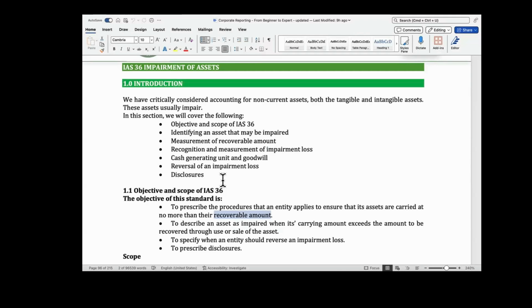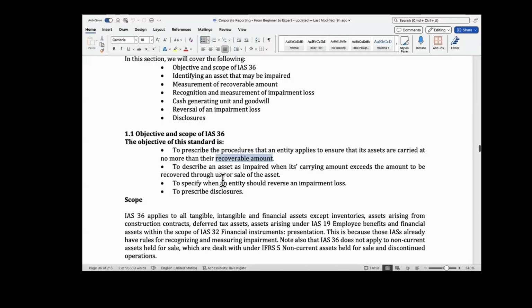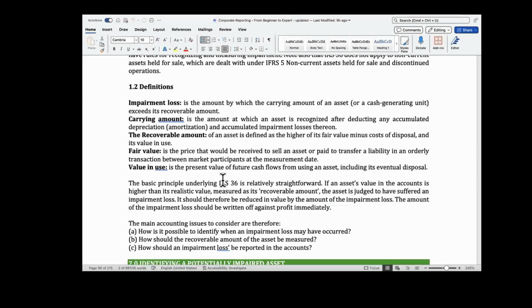Then we looked at some definitions of impairment loss, which is the amount by which the carrying amount exceeds its recoverable amount. We looked at what carrying amount is. We said the carrying amount is the amount at which you recognize your assets in your financial position.